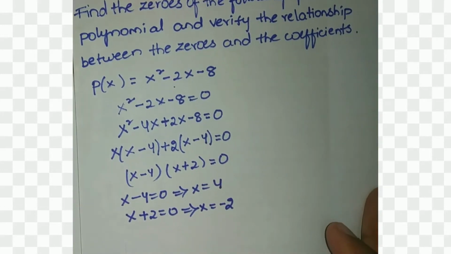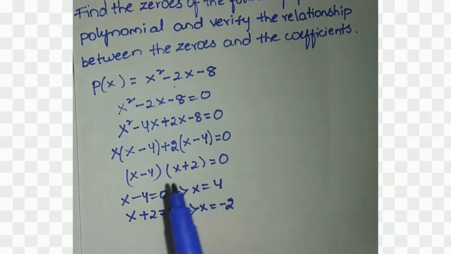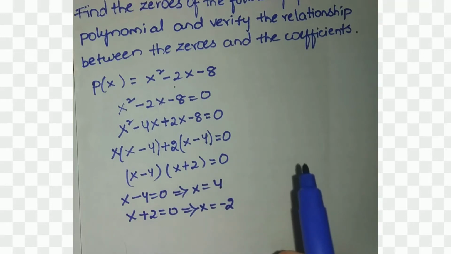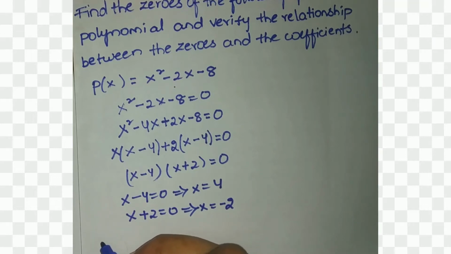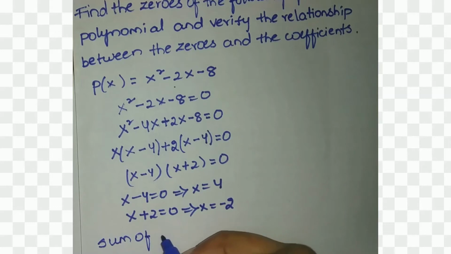Now we need to verify the relationship between the zeros and the coefficients. First, we need to find the sum of zeros.